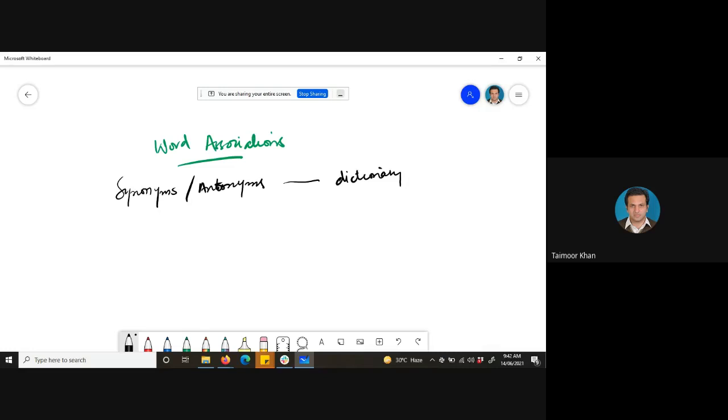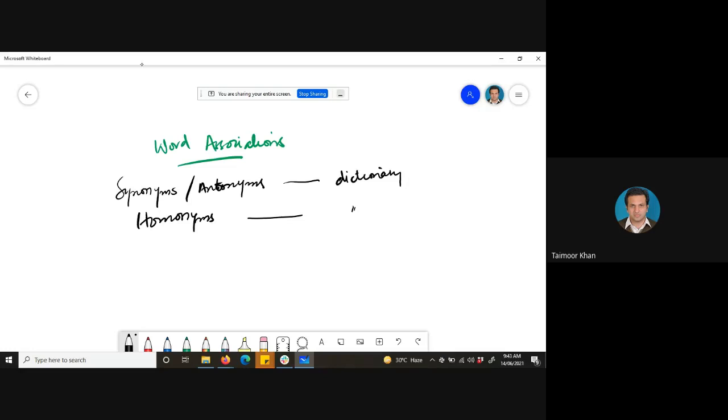Then the words may also be associated with one another based on their spellings. We call them homonyms. ठीक है, ये कौन से words हैं? These are the words. Again, for this we need a dictionary in order to find out कि if that is being the case. हमें थोड़ा सा contextually उसका idea हो जाता है, but still we need to have a dictionary.